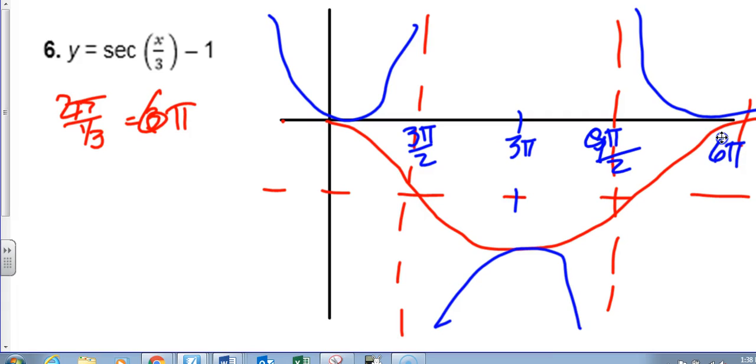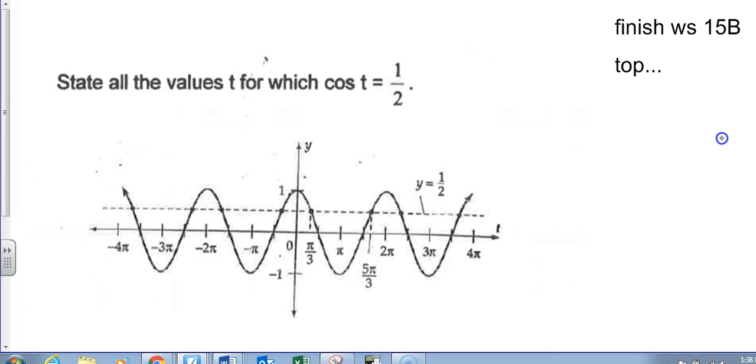All right. Please listen closely. Look up here. Stop packing up. All right. This is going to be the worst explanation ever of this, but this shows a cosine graph and a horizontal line at 1/2. It also shows that it crosses at pi over 3, and then it crosses again at 5 pi over 3.